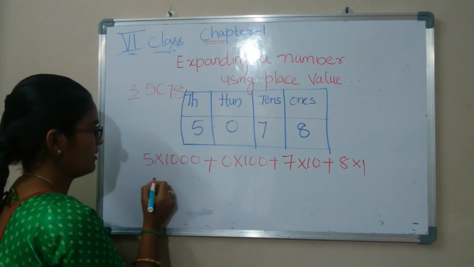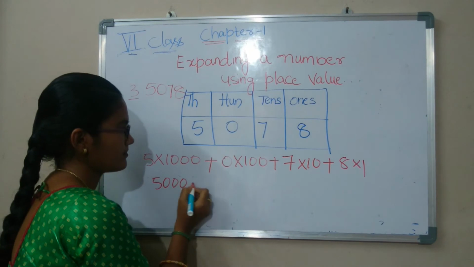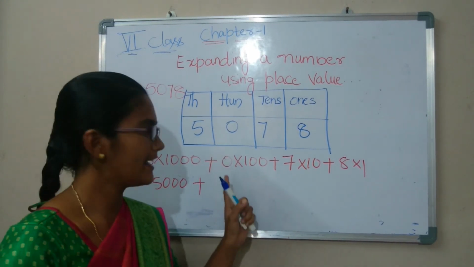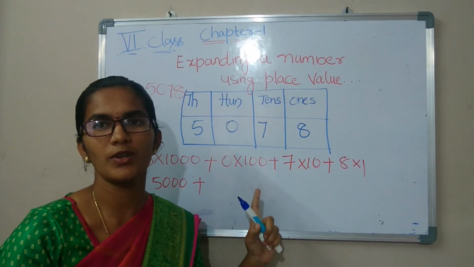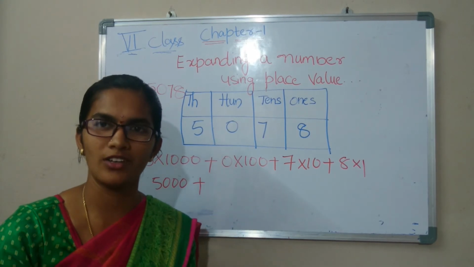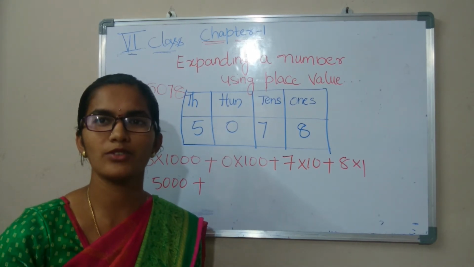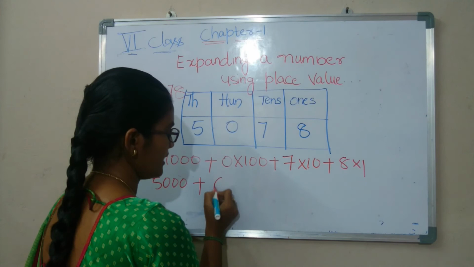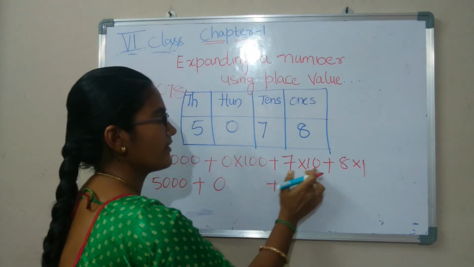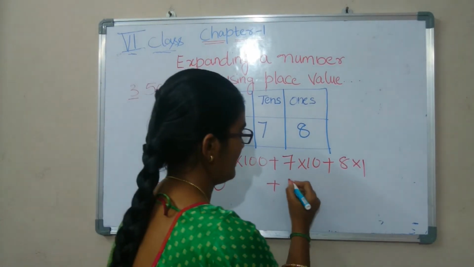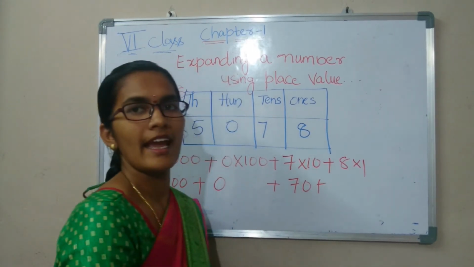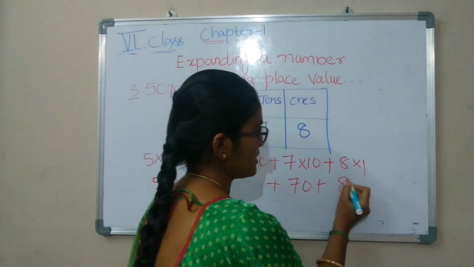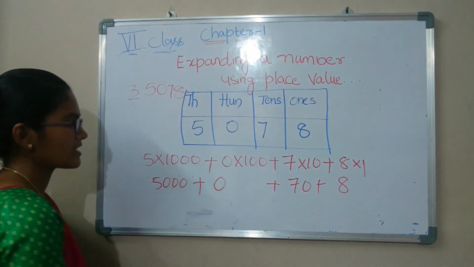5 into 1000, 1000 fives are 5000, plus 0 into 100. Anything into 0 is nothing but 0. Plus 7 tens are 70, plus 8 ones are 8. In this way we have to expand.